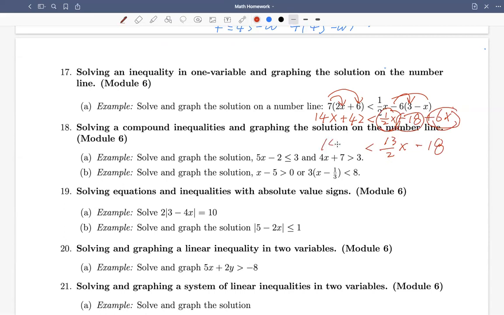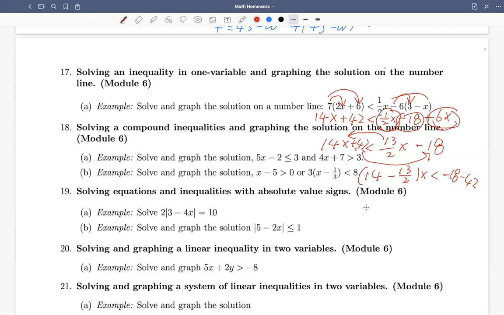On the other side, we have 14x plus 42, right? So now let's move 13 over 2x to this side, and at the same time we move 42 to the other side. So we get 14 minus 13 over 2, times x, less than -18 minus 42.